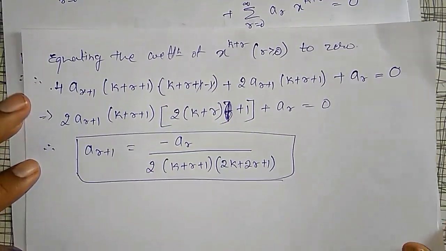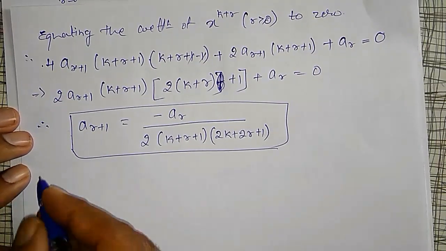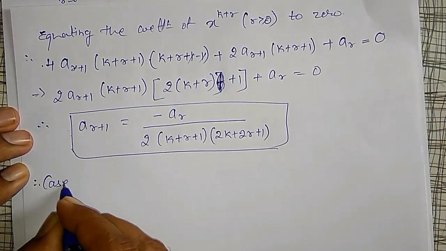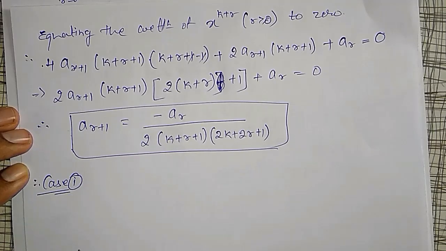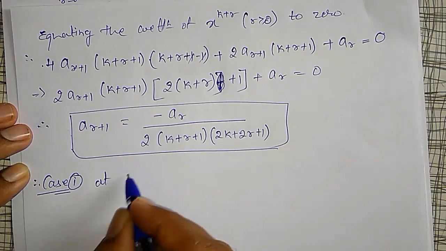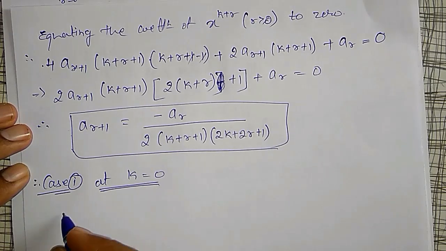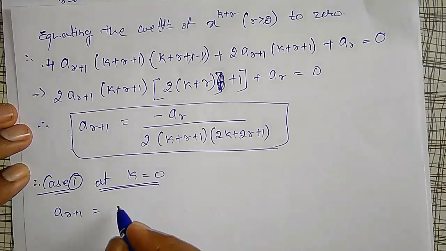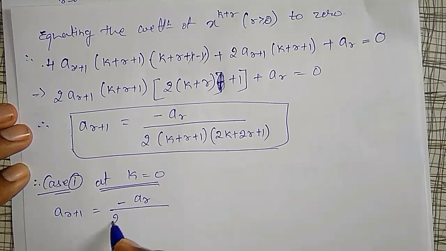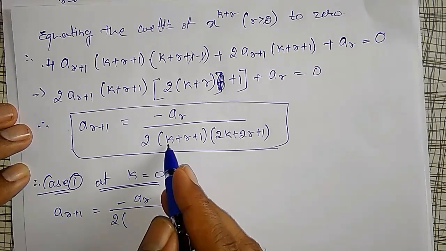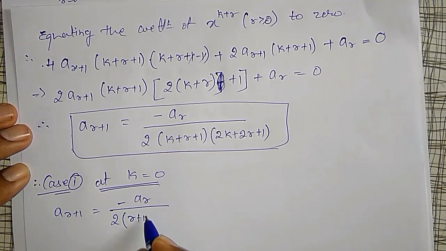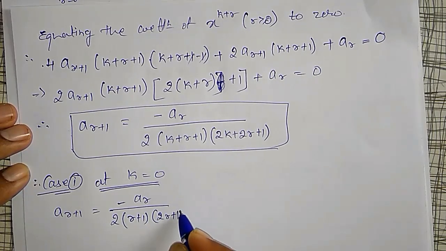Case 1 first. Therefore case 1, at k equal to 0, a(r+1) will become minus a(r) divided by 2 times (r plus 1) into (2r plus 1).